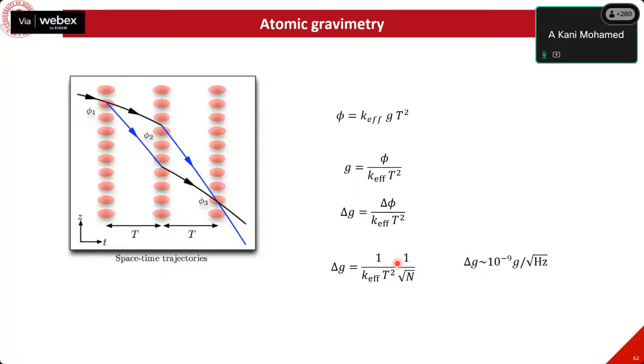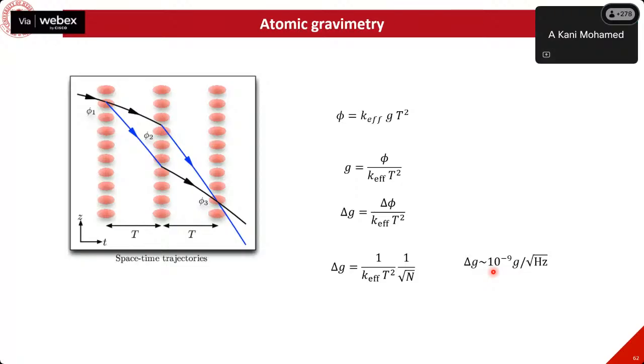So within the experimental lab constraints of k, time, and the number of atoms, one can easily achieve a sensitivity to the acceleration due to gravity of about 10 to the power minus 9 g per square root of hertz. It doesn't look like a sensitivity like LIGO, but this itself is a very good sensitivity. g is like 9.8, like 10, but the sensitivity that we are getting is like 10 to the power minus 9 g.